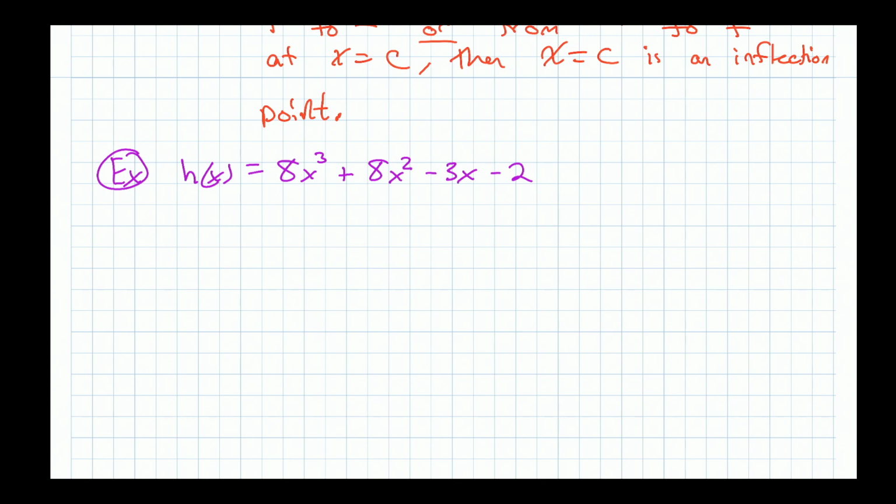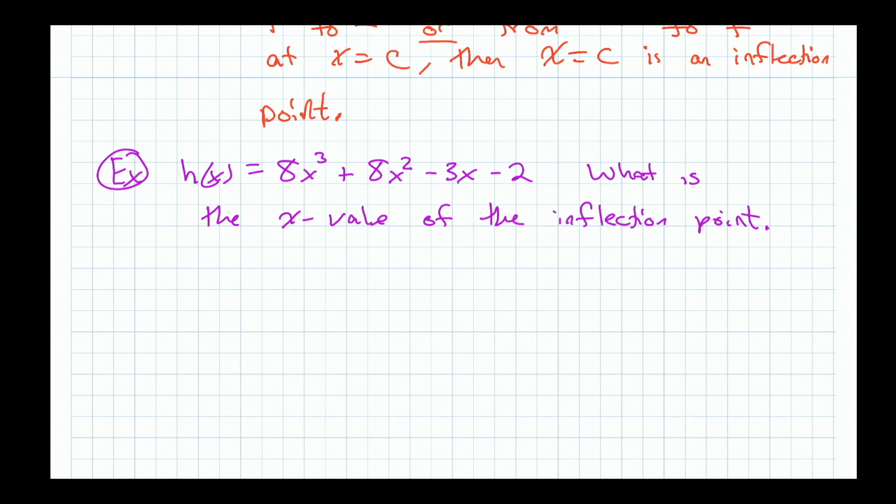And then they just say, what is the x value of the inflection point? I guess there must only be one. There's no rule about that, but that's what they say. What is the x value of the inflection point? Okay, so let's try it.